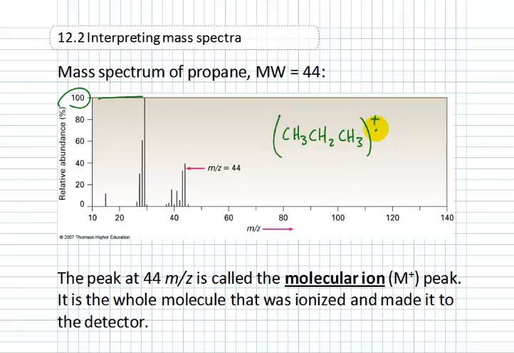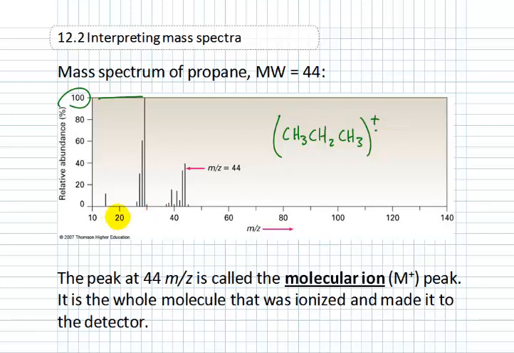So I'm going to show plus dot just outside of that whole molecule, meaning somewhere in that molecule one electron has been removed. We're not going to specify where exactly, but that's why it's called a molecular ion. It's the whole molecule that's been ionized, so it can actually be sent through that mass detector, right?